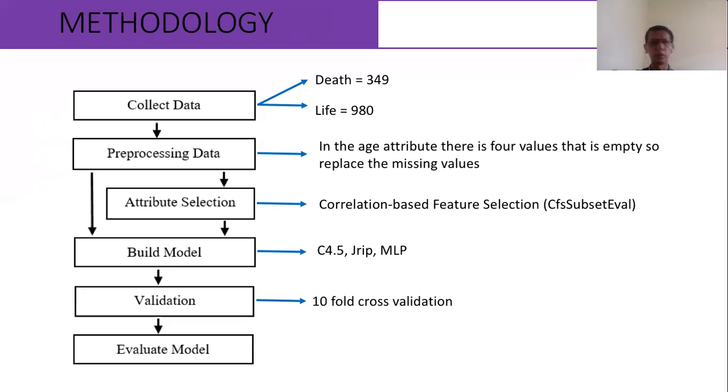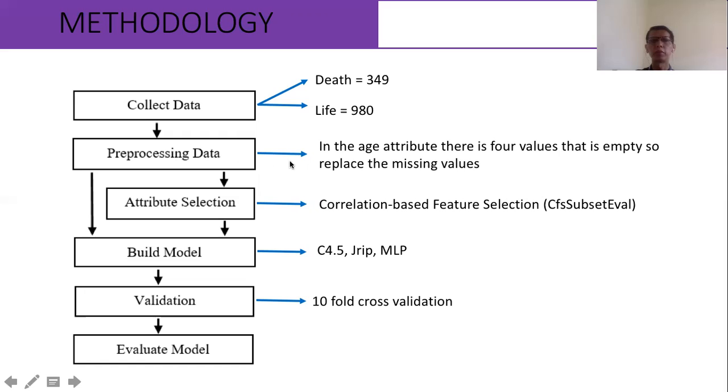We asked neurologists to give consideration in selecting patient data, which included hemorrhagic stroke, and the variables to be studied. Subjects were divided into two classes: the dead class with 349 records and the live class with 980 records.